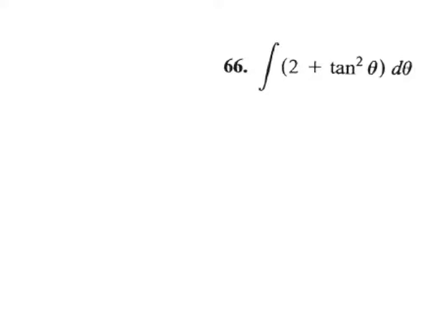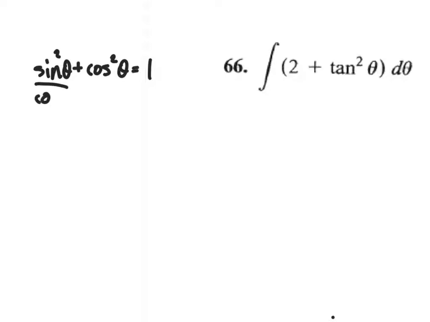You may not know this off the top of your head, but we all know that sine squared theta plus cosine squared theta is equal to 1, okay? And what I want to do is divide each of these by cosine squared theta.